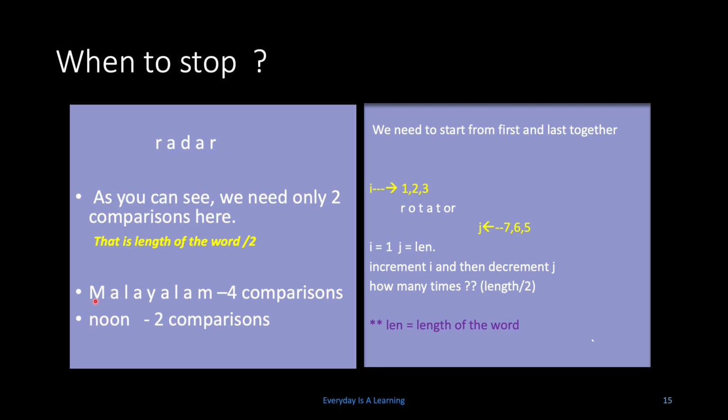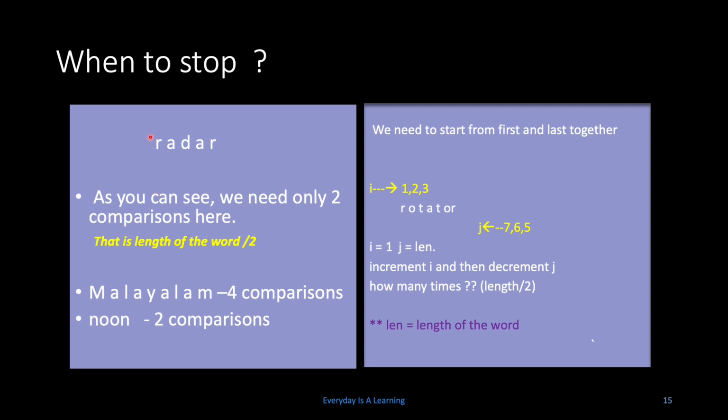A longer word like Malayalam, we have to do 4 comparisons: M and M, A and A, L and L, and A and A. A shorter word like noon, again 2 comparisons. So these comparisons are the same as the length of the word divided by 2, the integer part of it. So in this case it's 5 divided by 2. So we can use that for our pseudocode, for our program.